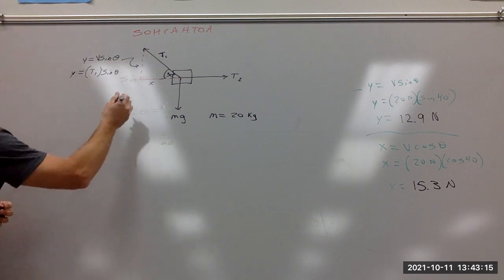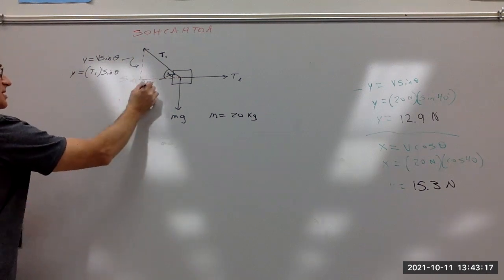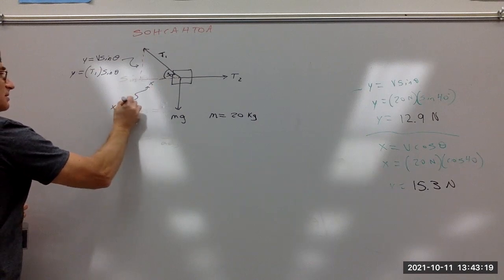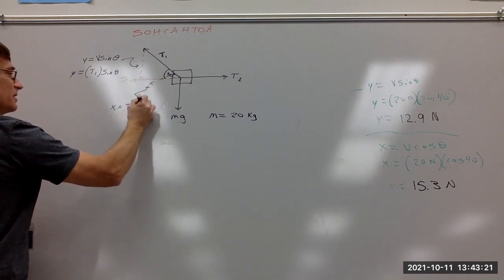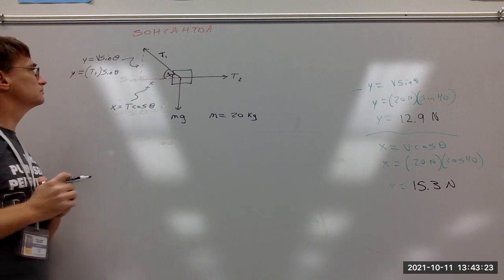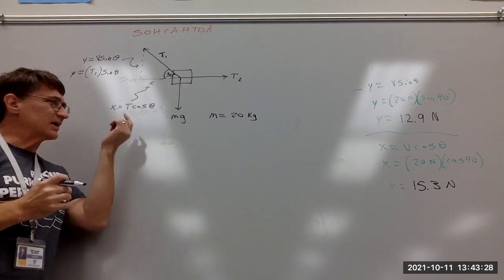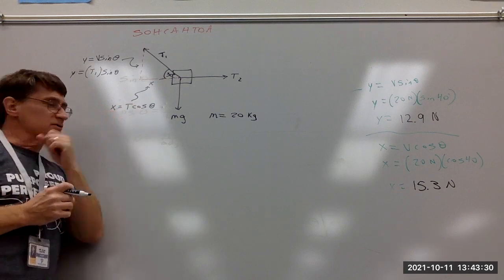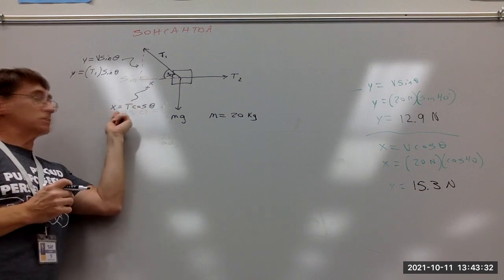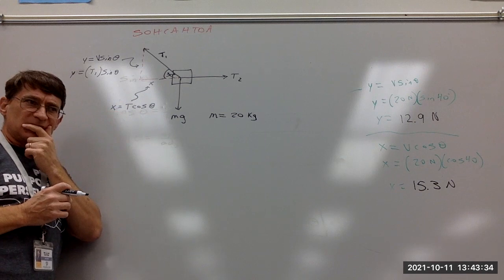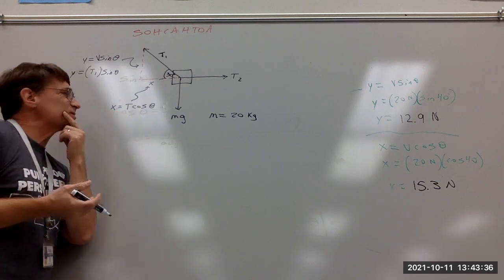That's okay. How about X? Well, X, we just said, is going to be T1 cosine theta. That's not quite as nice as what I just showed you. Before, I gave you the theta and the vector, the tension, and you could just plug in your numbers, but I can't do this here.